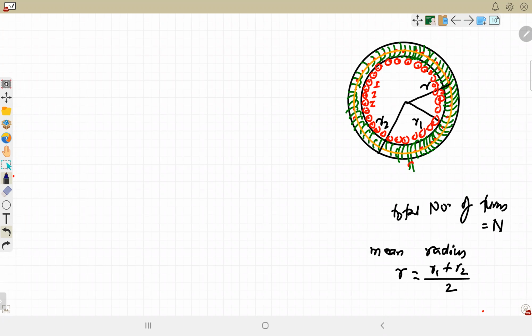Magnetic field is here. We'll consider a dl vector also passing through that circle.